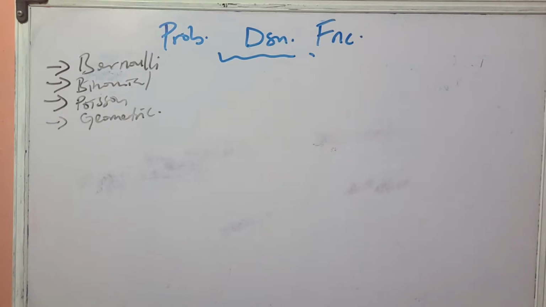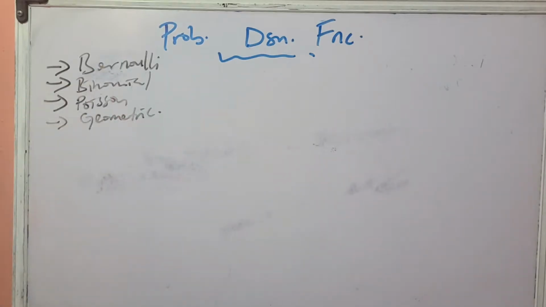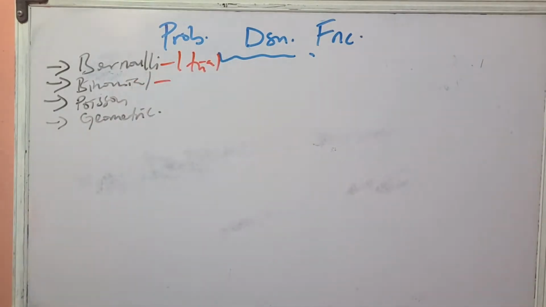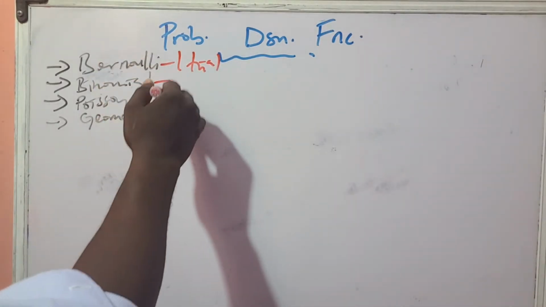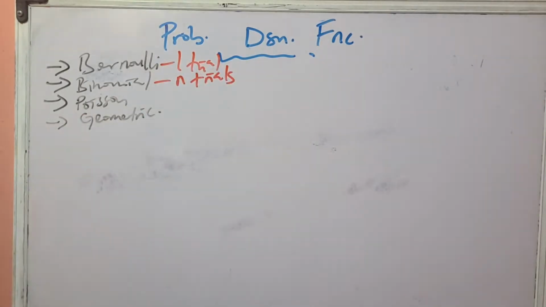I told you guys that Bernoulli has a peculiarity, and that's the fact that it has to do with just one trial. This is a one trial event. One trial. While binomial, very similar to Bernoulli, has n trials. Right?